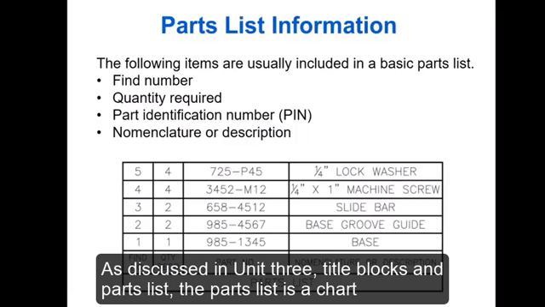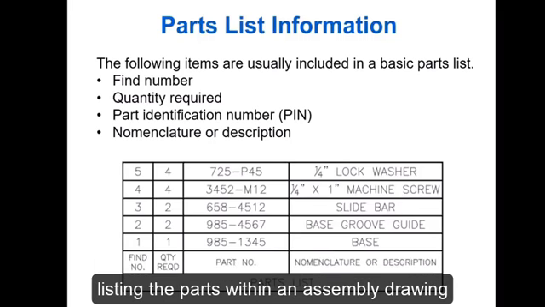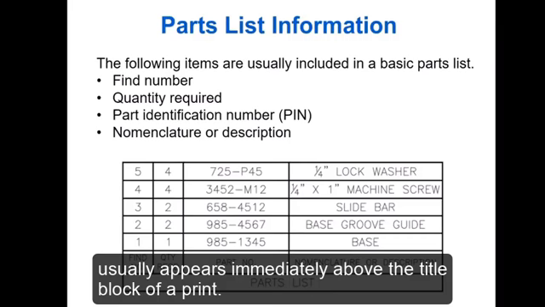As discussed in Unit 3, title blocks and parts list, the parts list is a chart listing the parts within an assembly drawing. It usually appears immediately above the title block on a print.